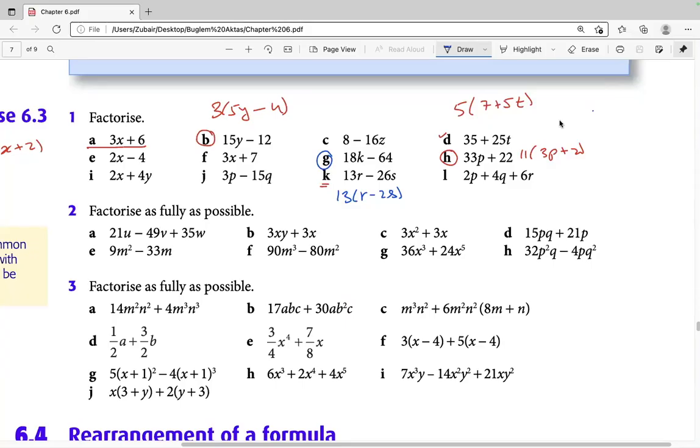That's 54. 2 in brackets 9k minus 32. Correct. 2 is common in both of these. So 2 into 9k minus 32. F part.